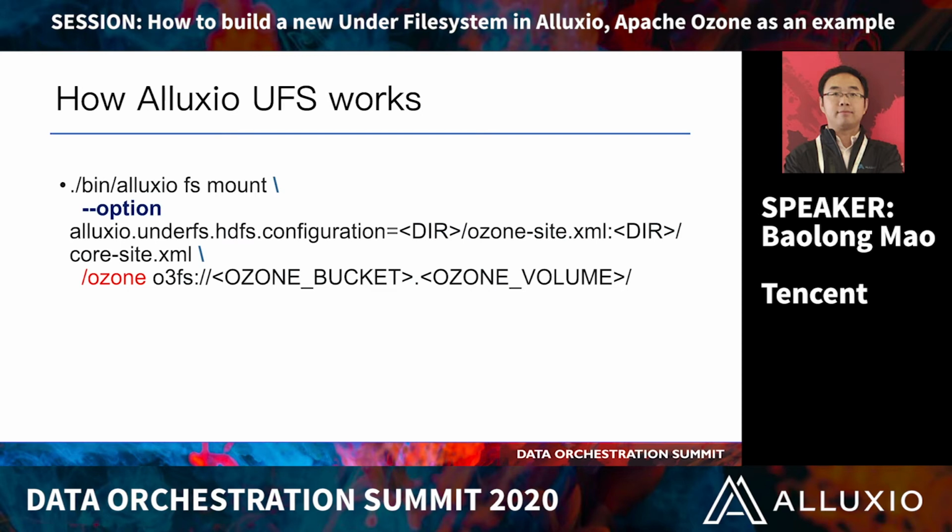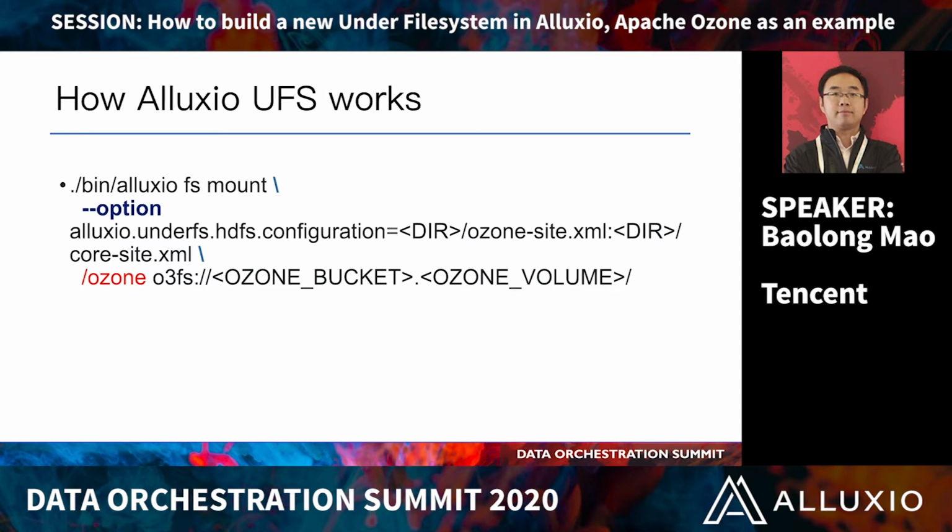So, how to mount an underfile system to Alluxio? Just a simple command line, like the given example. The /ozone is a mount point in the Alluxio namespace. The following parameter, o3fs://, is an Ozone address.